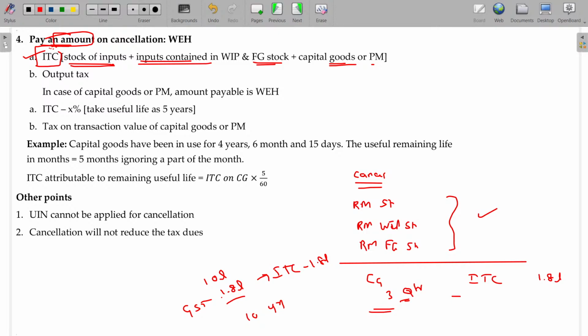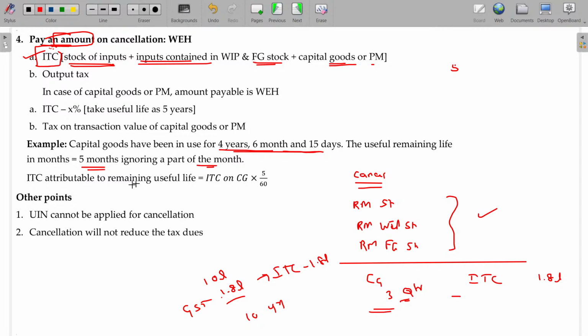5% per quarter. You assume, see here an example: capital goods have been in use for 4 years, 6 months and 15 days. The useful remaining life being 5 months, ignoring part of the month.